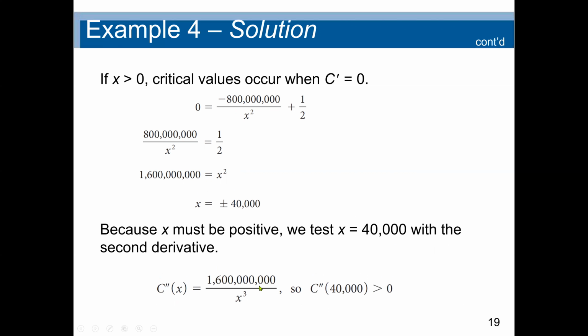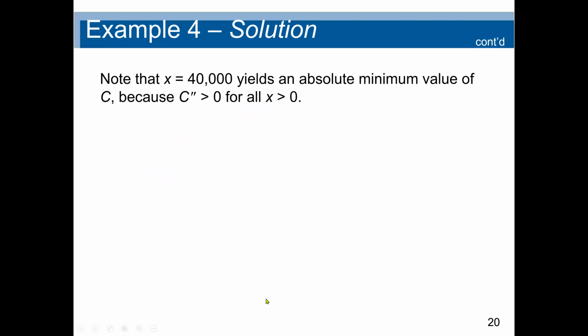So we say it's greater than 0, then we are going to find the absolute minimum again, same as the previous example. And the second derivative at the critical value is a positive answer.